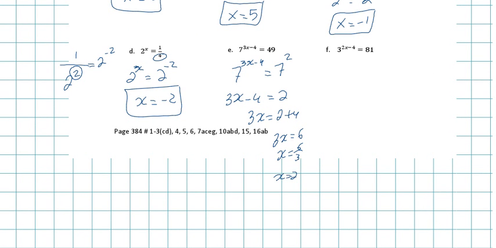How can you check your work? Substitute the x value in the equation. That's right. So there'll be 3 times 2 is 6, 6 minus 4 is 2, 7 to the power of 2 is 49. So you can always go back and check your work by subbing in the value in the original equation.